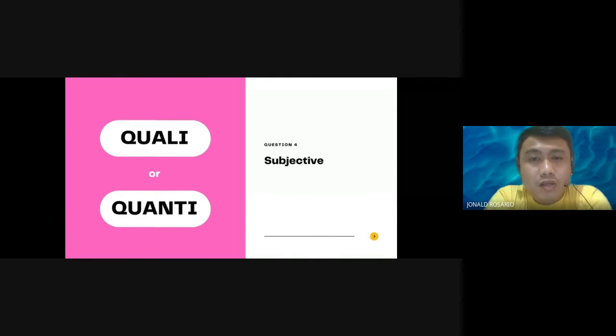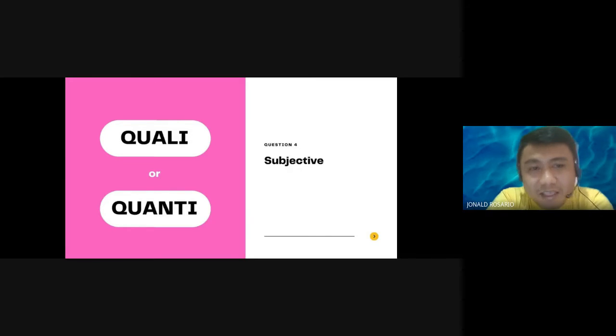Why? Because, of course, the result of the study depends on how the researcher undergoes the data analysis. Pag sinabi kasi nating subjective, nakadepende yan kung sino ang mag-a-analyze. Yung resulta ng isang study ay nakadepende kung sino yung mag-a-analyze.